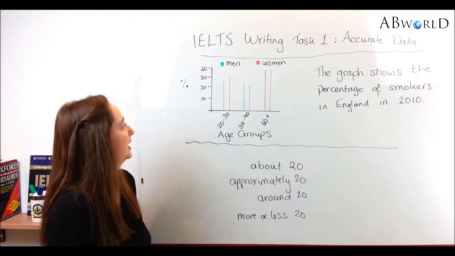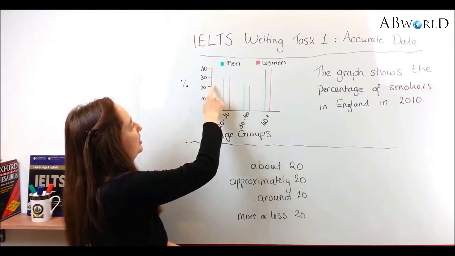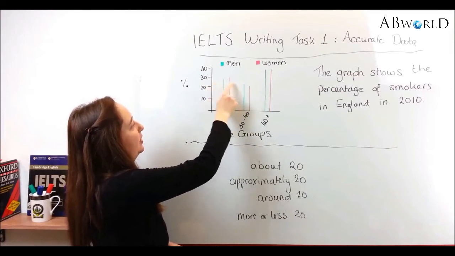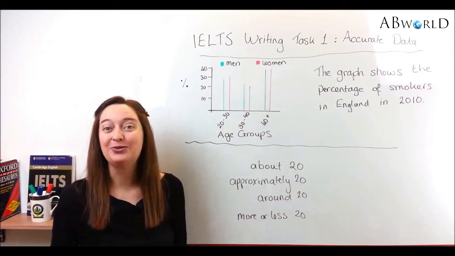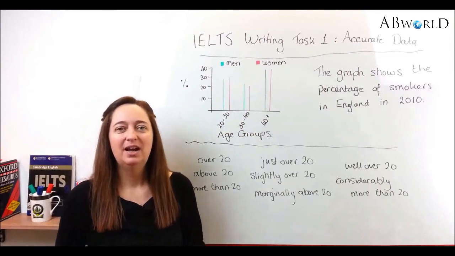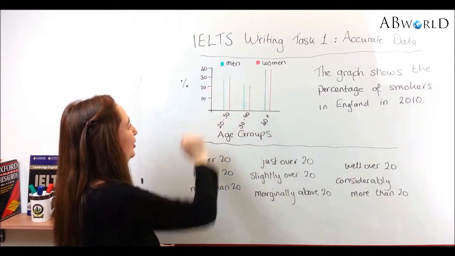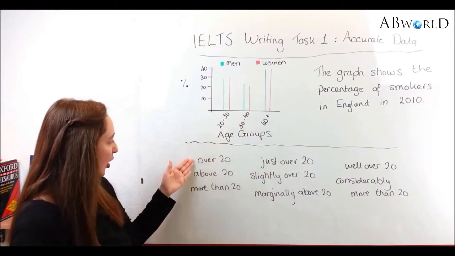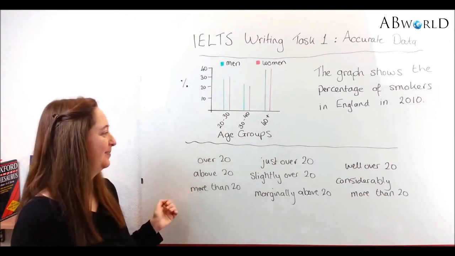And if we look at the figures for men, you will see that it's actually a little bit over 20. So let's have a look at some expressions for over. So for describing above a number, so as we said with men over 20, we could say over 20, above 20, more than 20.